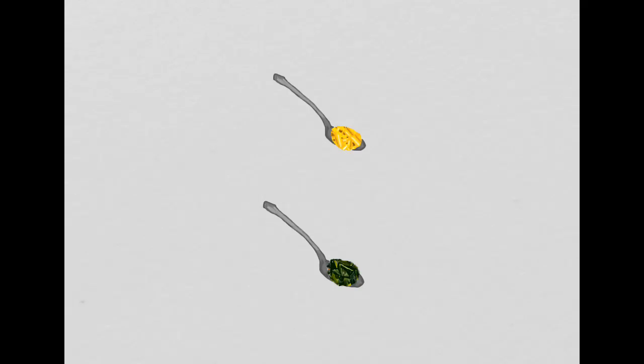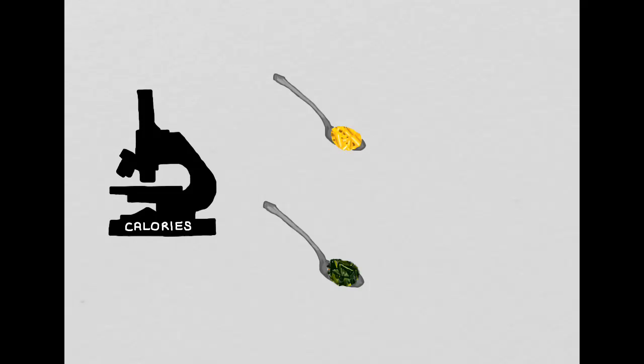So now let's talk about calorie density. You can probably imagine what calorie density means already. It's the same thing as nutrient density, but instead of looking at nutrients, we're looking at calories. So now we're going to take our calorie microscope and look at the same foods, but look at calories. We're going to compare the amount of calories in the same amount of mac and cheese and collard greens.